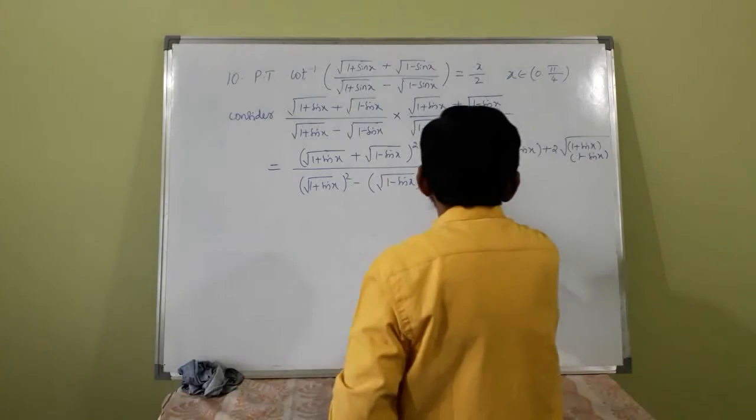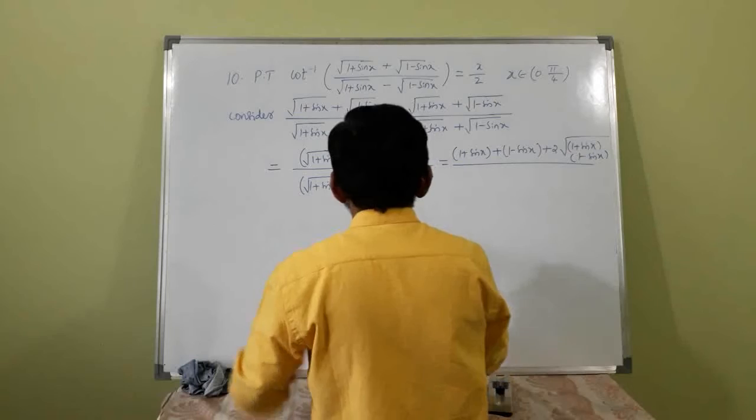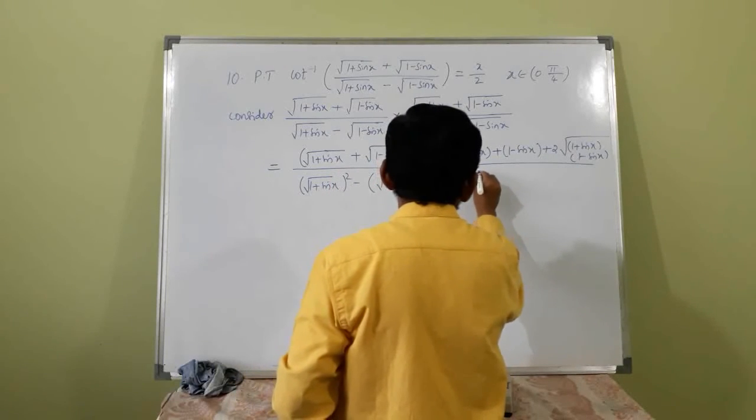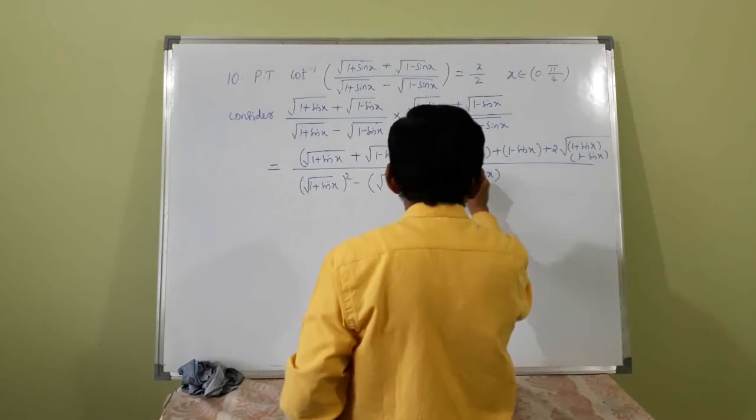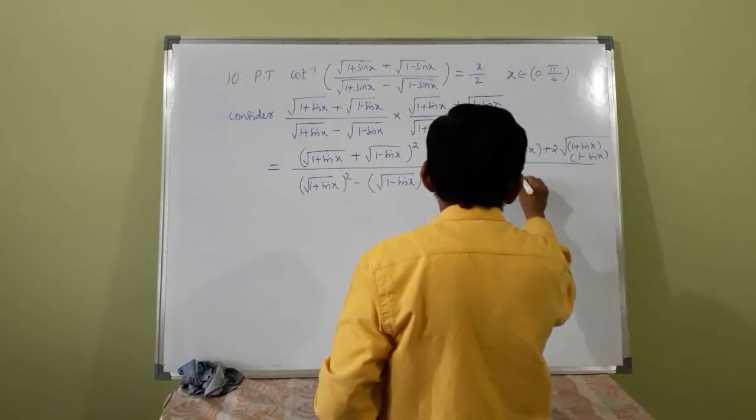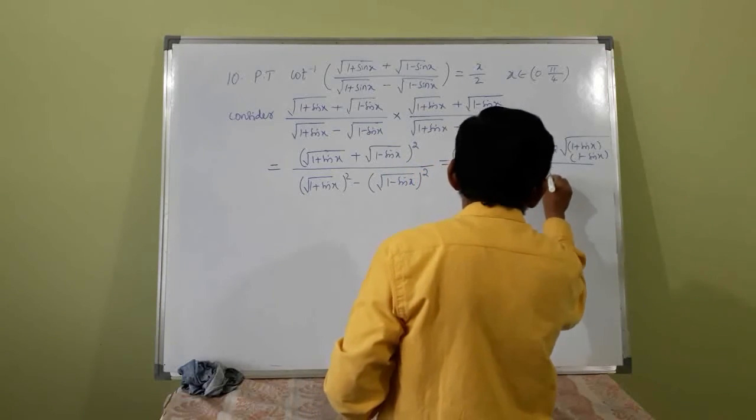Okay, whole divided by, this will be 1 plus sin x minus 1 minus sin x.